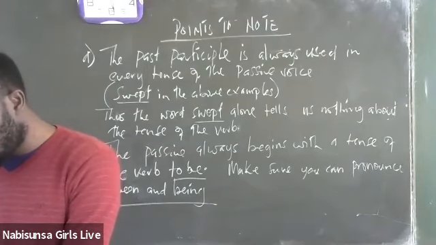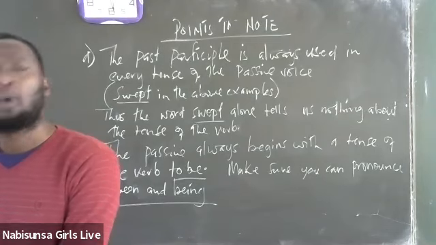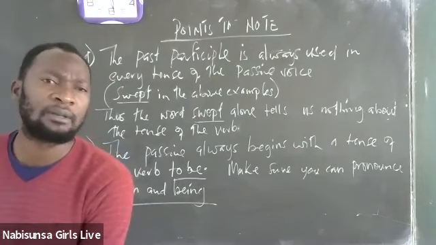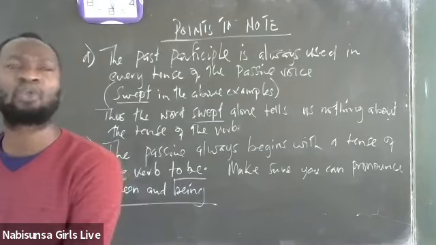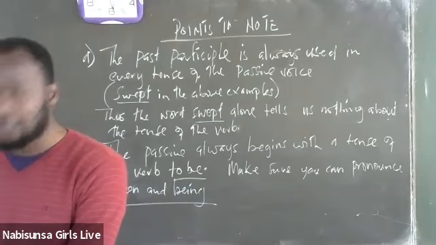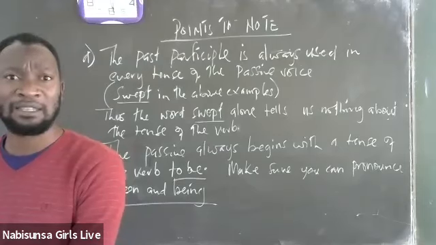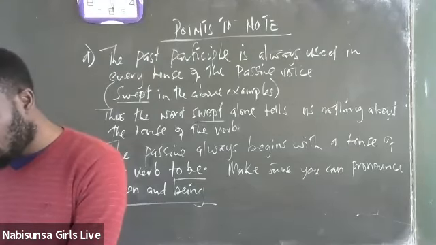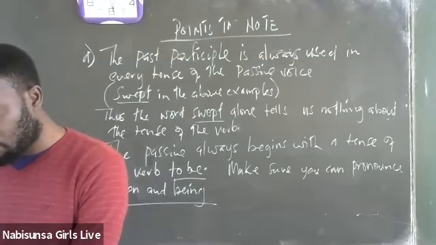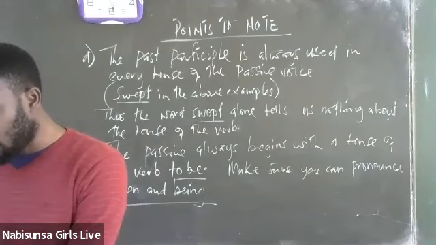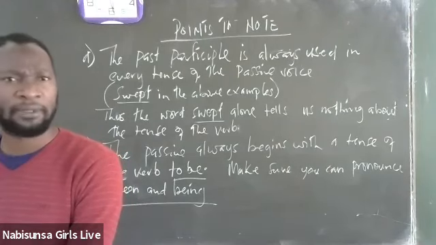When we go to the third one, past continuous, was being swept. So you see again, the verb is in the past participle form. When we go to the fourth one, the past simple, again we have was swept.